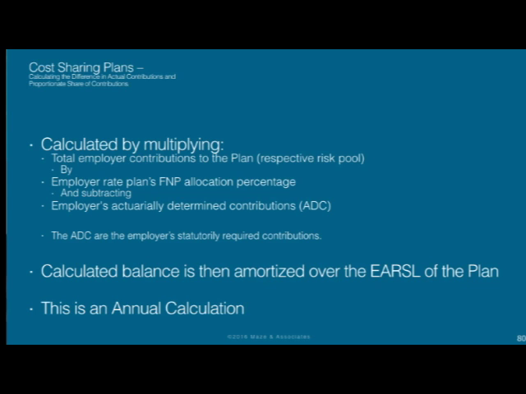There's a percentage. Then you subtract the employer's actuarially determined contributions, or ADC. One important point, again, this is measurement date 2015. So the actuarially determined contributions that you're going to use are going to be your fiscal 15 contributions for this calculation, because you don't want to compare apples and oranges.